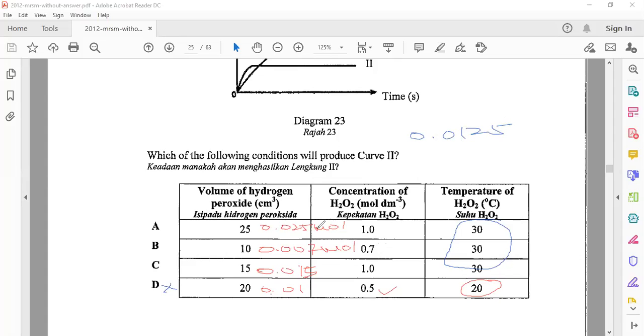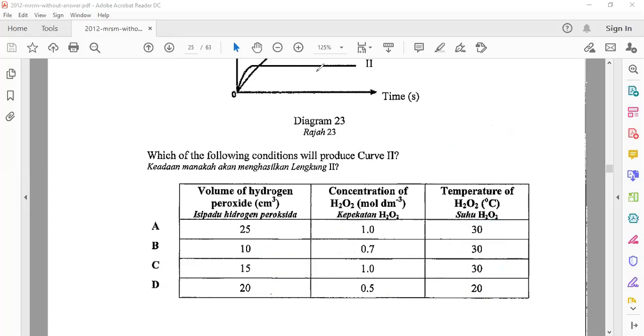Can you see A is higher compared to set one? So this is out. This one is lower, so this is the answer. C is also not the answer because it is higher. So the answer is B.